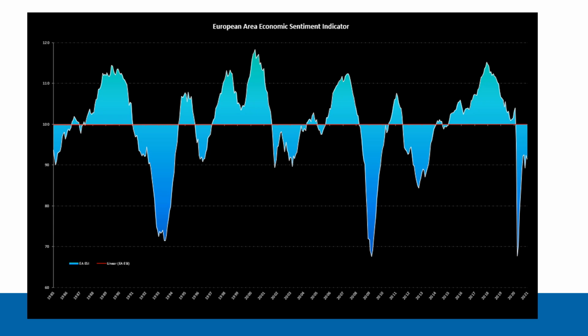But also, if you go a little bit further back in history on the composite number here, you can see, for example, bearish sentiment occurring before the global financial crisis in 2008, 2009. So yes, you can see the extreme move negative at the end of 2008 and beginning of 2009.